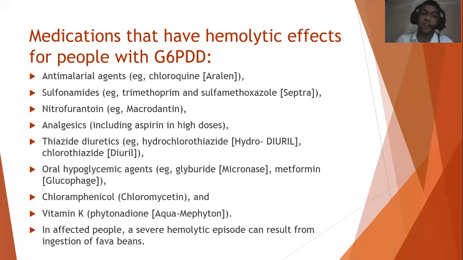We also have analgesics, including aspirin, if given in high doses. Thiazide diuretics, such as hydrochlorothiazide, chlorothiazide, oral hypoglycemic agents, such as glyburide, metformin, chloramphenicol, vitamin K supplementation, and certain foods such as fava beans can trigger it.